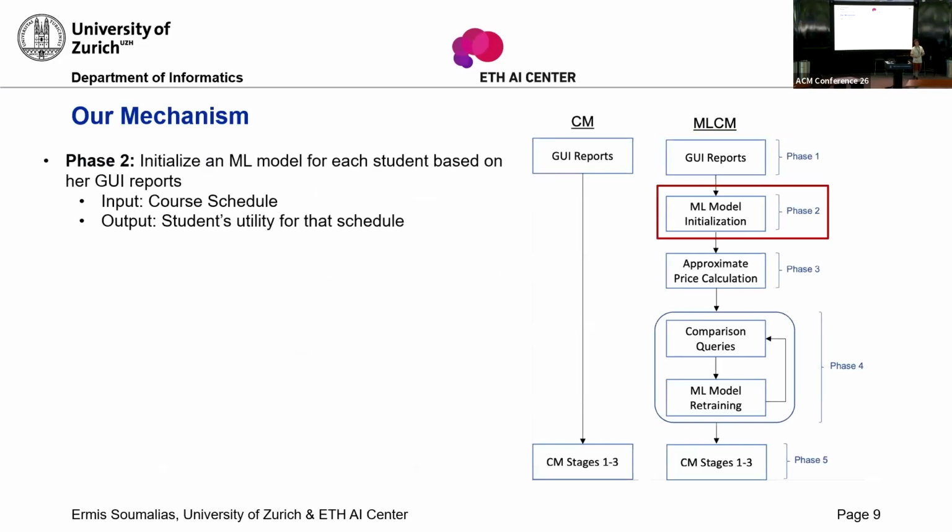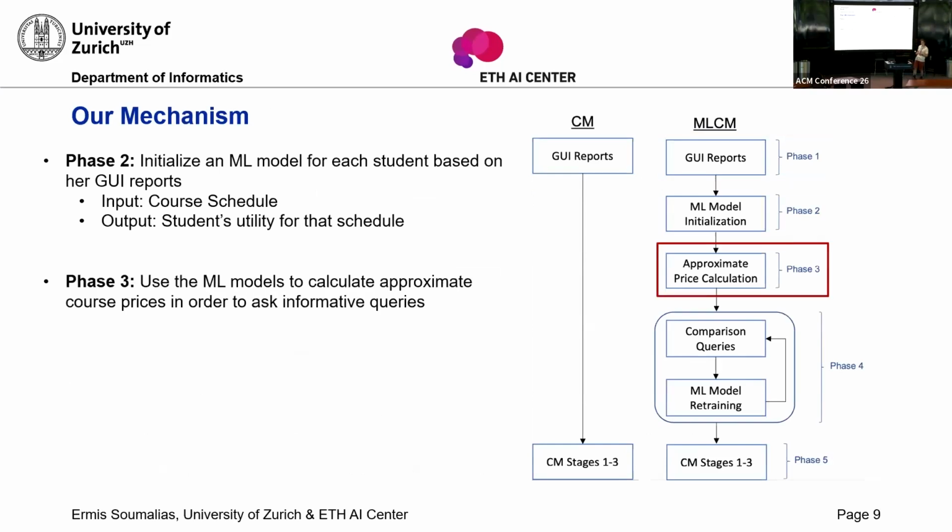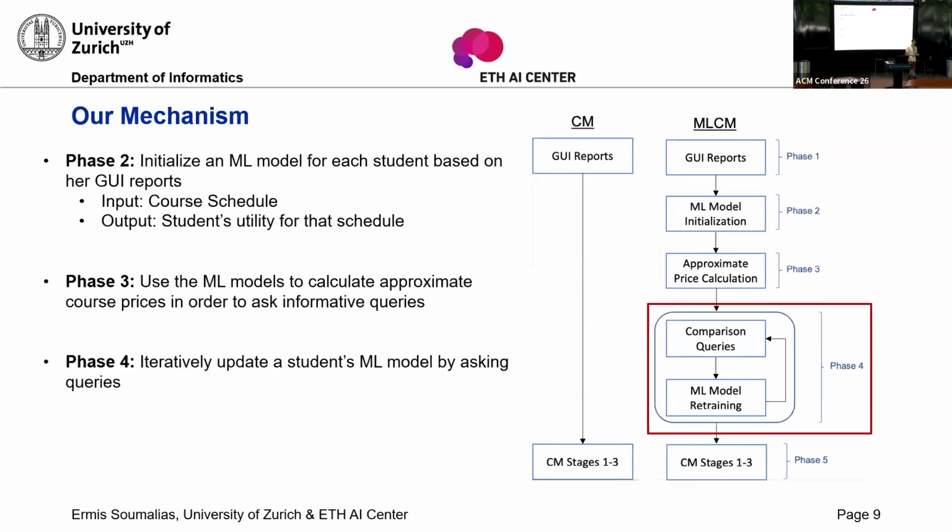Afterwards, we initialize a machine learning model for each student based on the graphical user interface reports. This model takes as input the full course schedules and outputs a student's predicted utility for the schedule that was given as input. Using those models, we estimate approximate clearing prices for the mechanism that we can use to ask more informative queries to the students in the next phase.